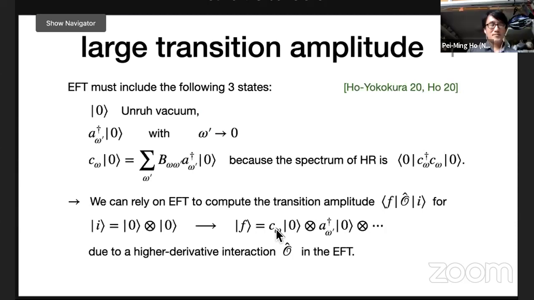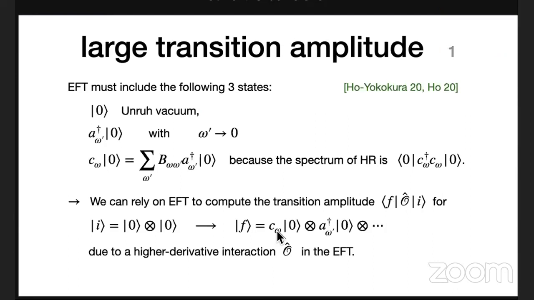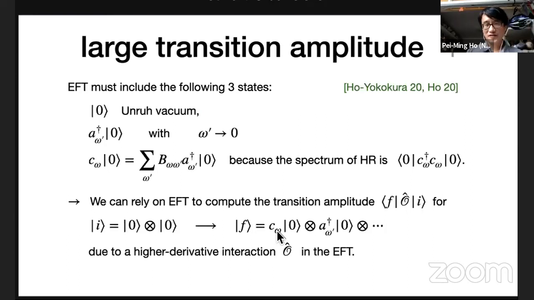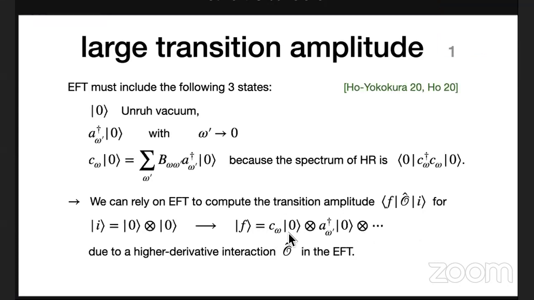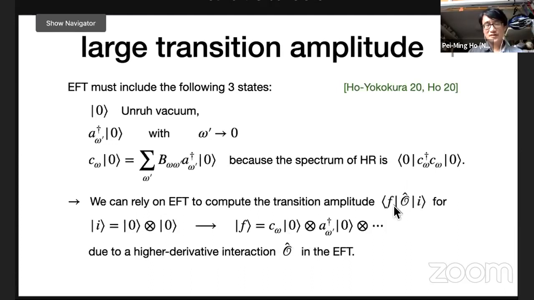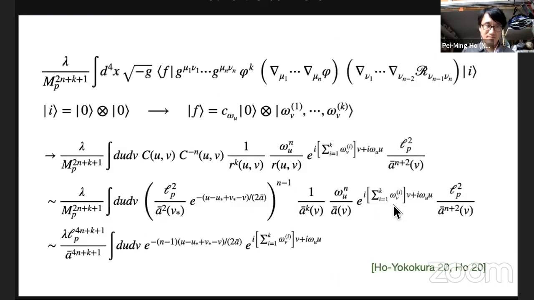If I consider an arbitrary particle state, you can say that this state is not included in the effective field theory. So I consider the state which has to be included in the effective field theory. But this is not a Hawking radiation particle. This is created by higher derivative interactions. Okay, thanks. You're welcome.